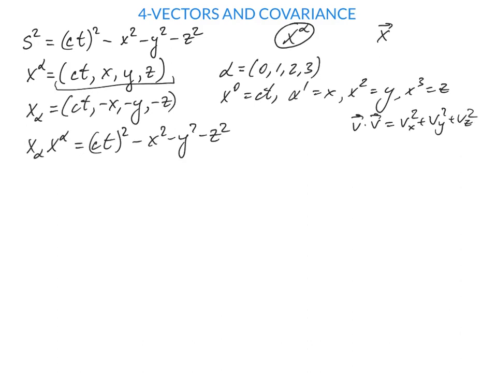Here we multiply the corresponding components of contravariant vector x super alpha and covariant vector x sub alpha. So I've introduced a new term, covariant and contravariant vectors. Those are the collections of these 4 numbers. So why do we call it a vector? Well, this quantity here that we have defined is nothing other than s squared. So this is an invariant.